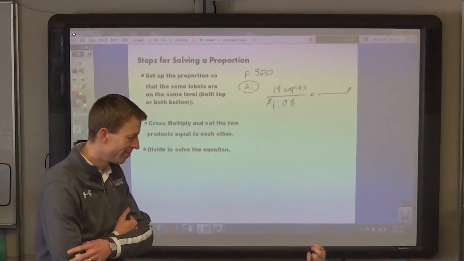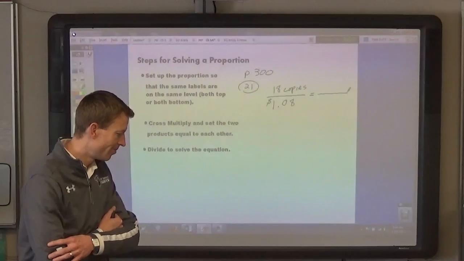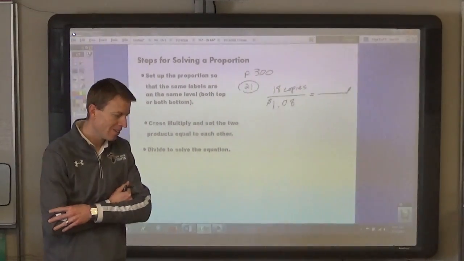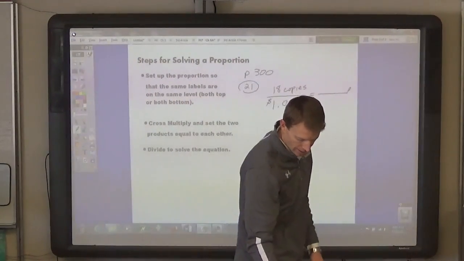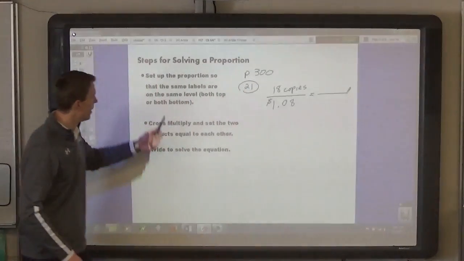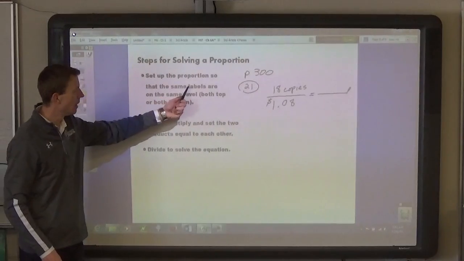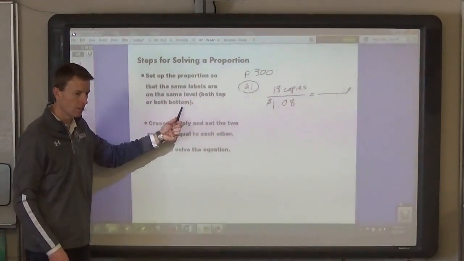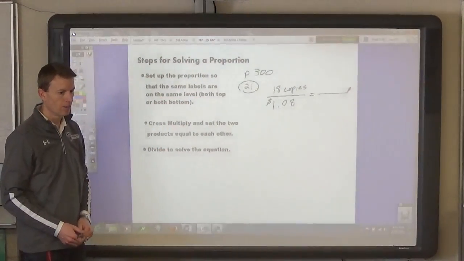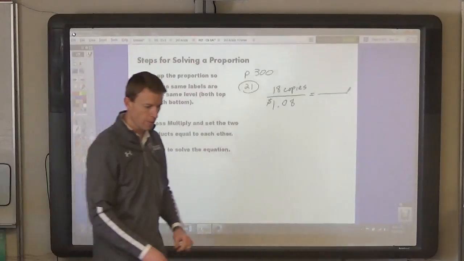I got the answer. Alright. What did you label? Did you label correctly? The same labels are on the same level. Okay, so did you label the other number?